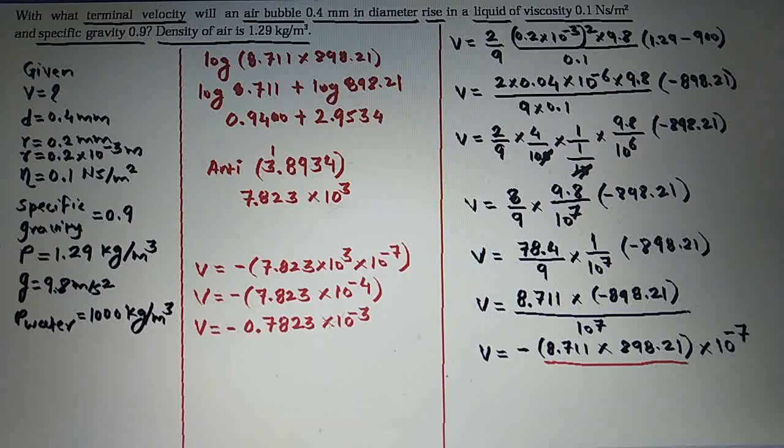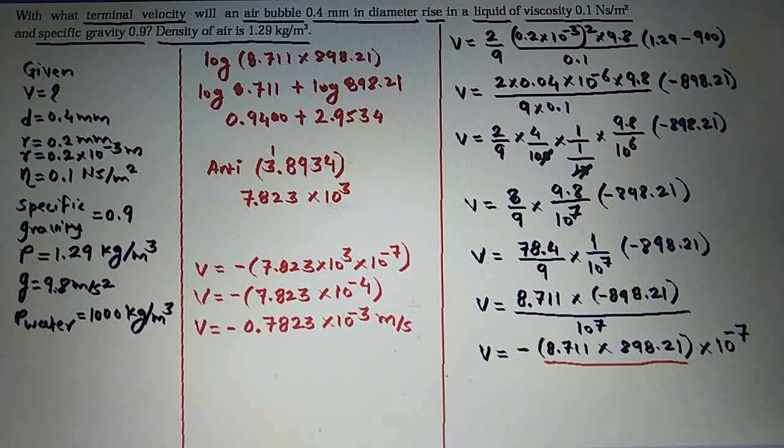So this is the answer of the terminal velocity of an air bubble, and the unit of this terminal velocity will be meter per second.